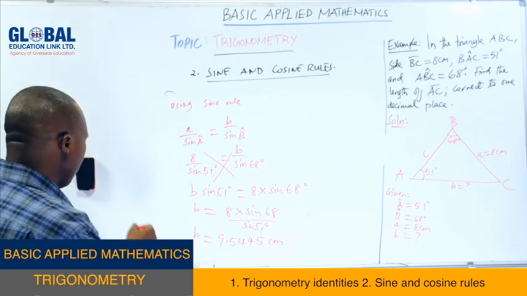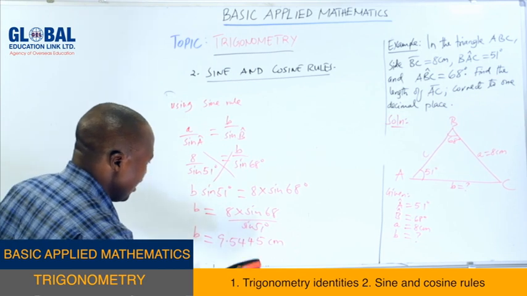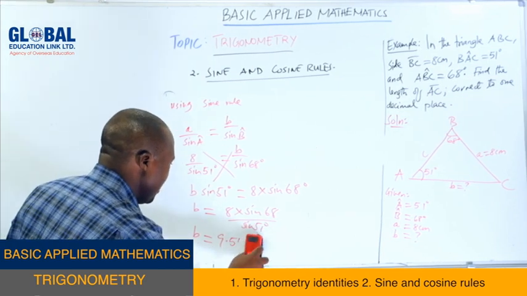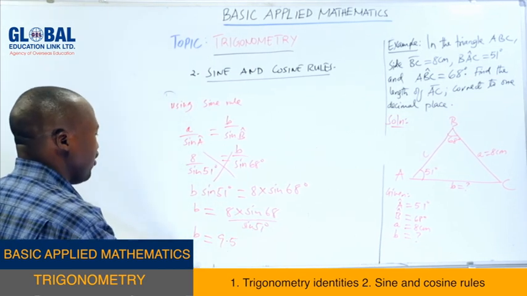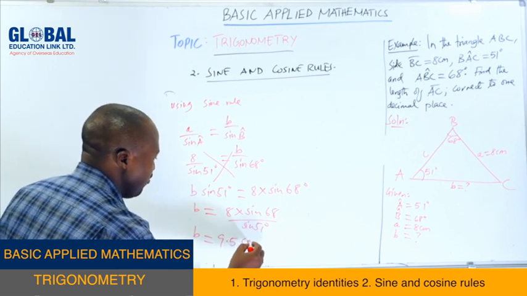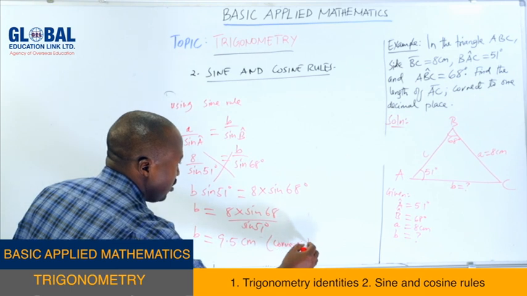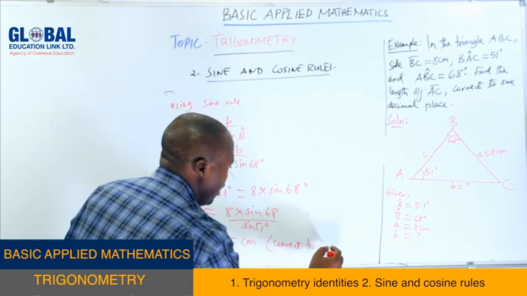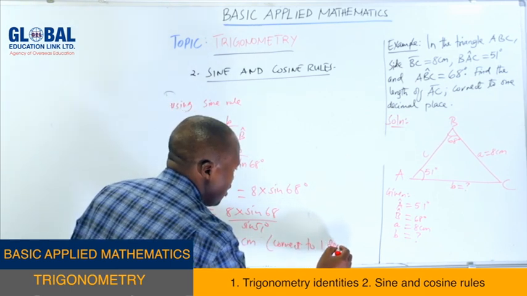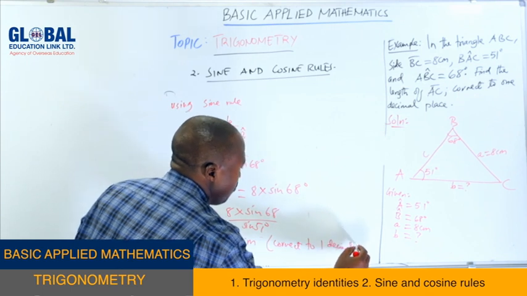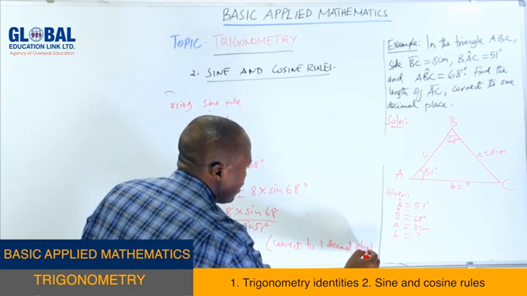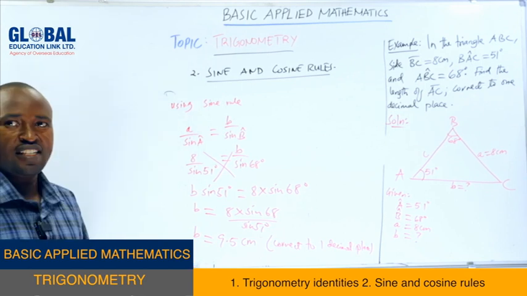Therefore, to correct 1 decimal place, it will be 9.5. That is 9.5 centimeters, correct to 1 decimal place.